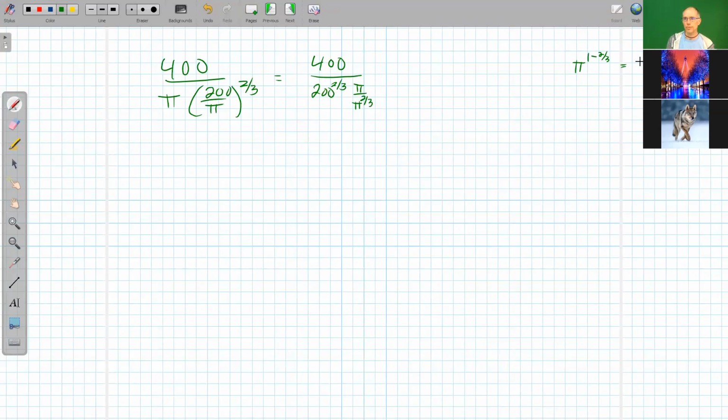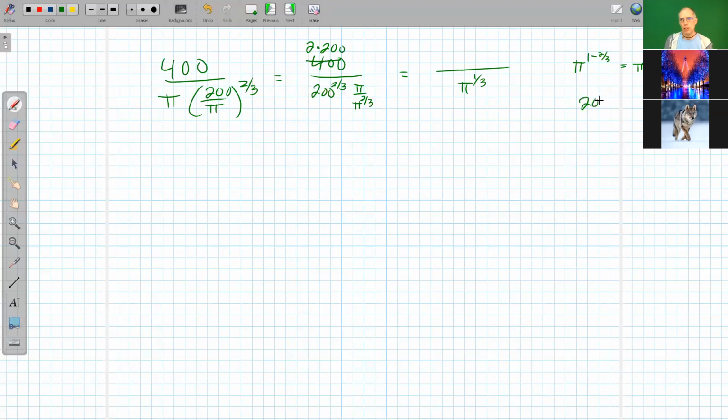In the bottom, so I'm going to get a pi to the 1/3 down here, cube root of pi. And then let's see, can we clean up 400 over 200? Yeah, we could write 400 as 2 times 200. And then we'll have 200 over 200 to the 2/3.